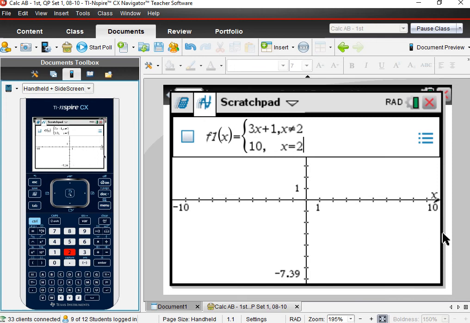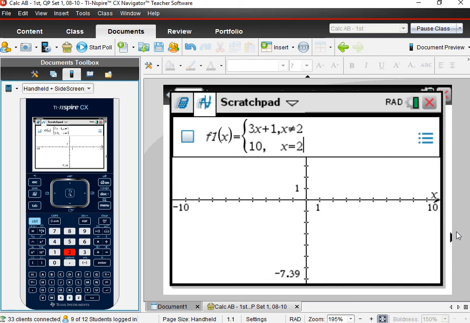So now, let's talk about what this means. What does this piecewise right here mean? Come on, class. Think about it. Yes, it's separate, right? It's 2 separate pieces, because there's a domain restriction, that's why I put in my x's.